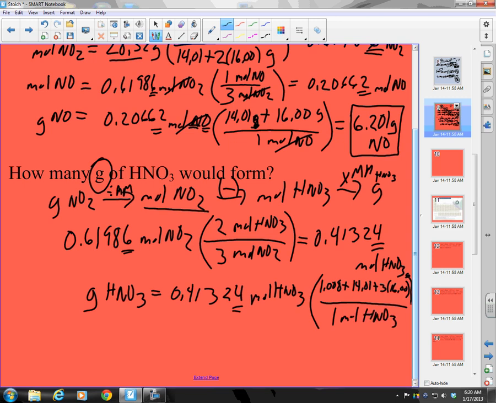That's my molar mass of HNO3. My moles of HNO3 cancel, and so I have to multiply this times quantity, 3 times 16 plus 14.01 plus 1.008 quantity, and I get 26.04 grams of HNO3.